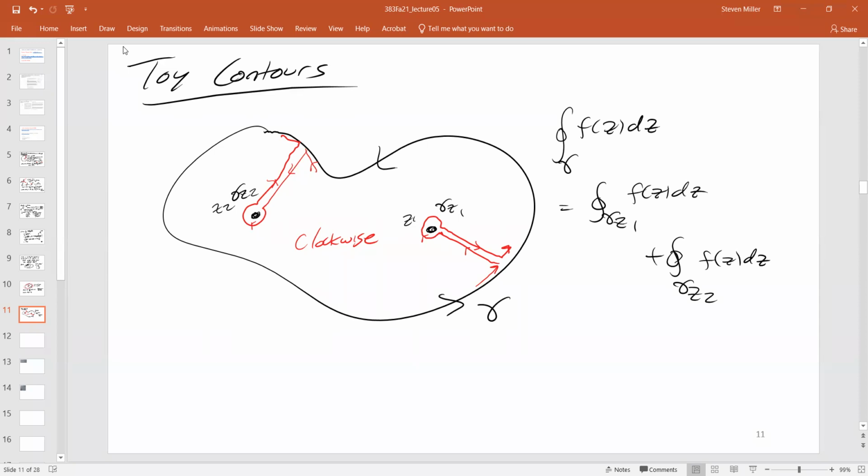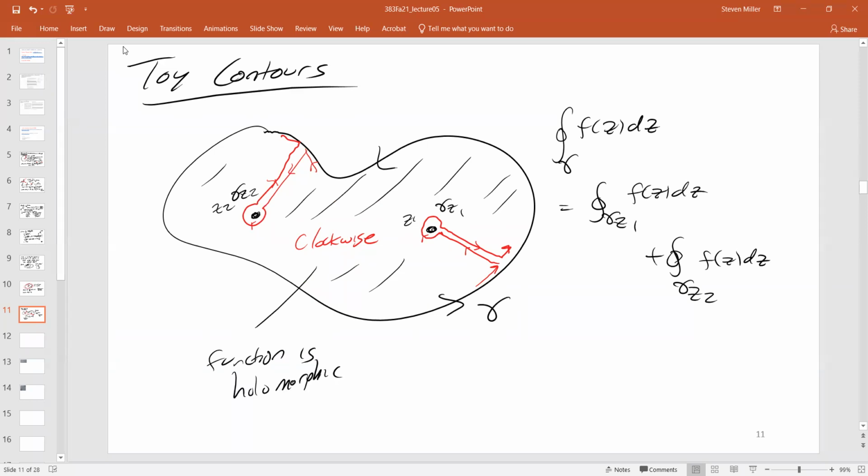And the reason is that in this interior region, the function is holomorphic. And it's going to be holomorphic in the entire region, in the entire interior, when we remove points using the red curves.